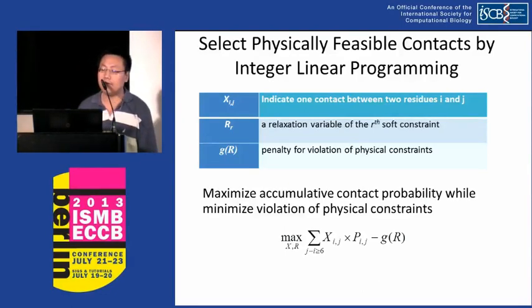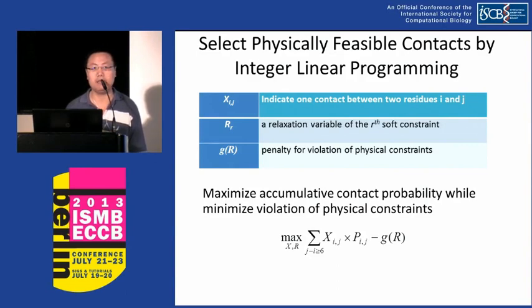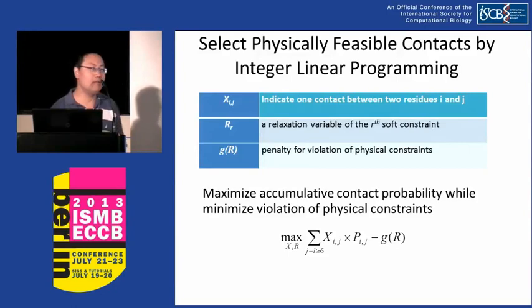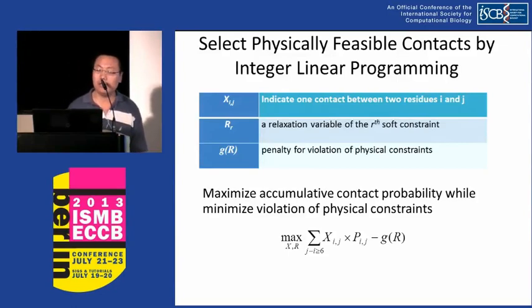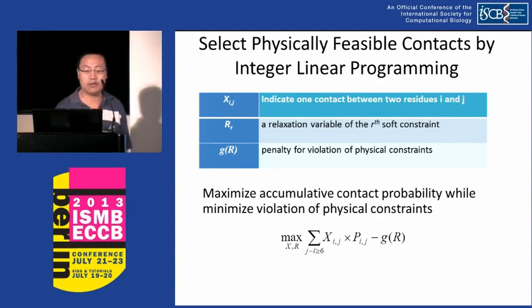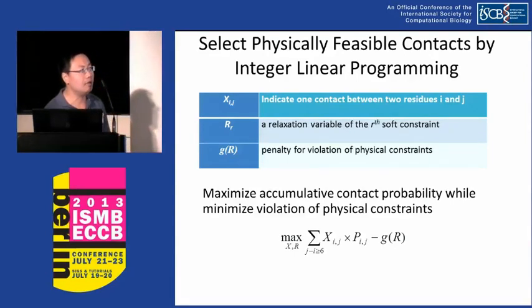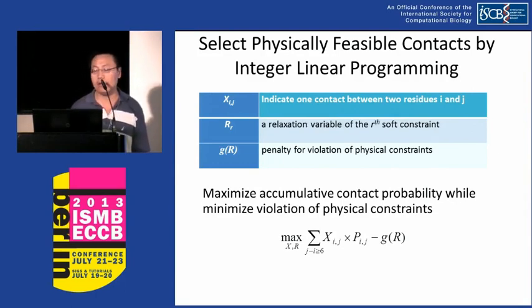In addition, we also have some hard physical constraints which shouldn't be violated. We want to maximize the accumulative contact probability while minimizing the violation of physical constraints, so we have such a linear objective function, which we want to maximize.